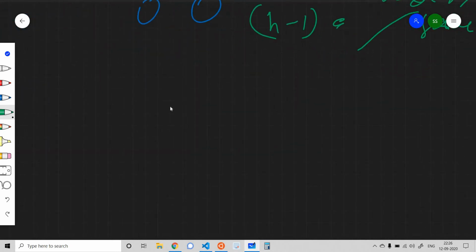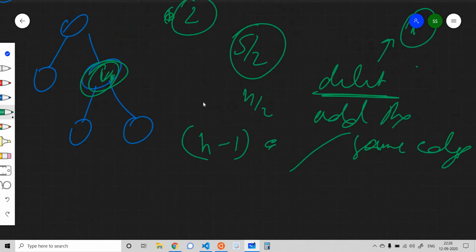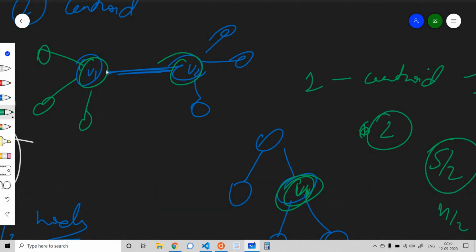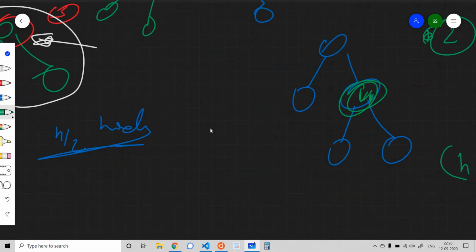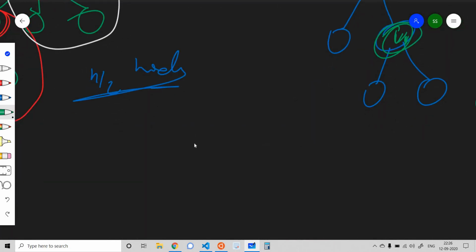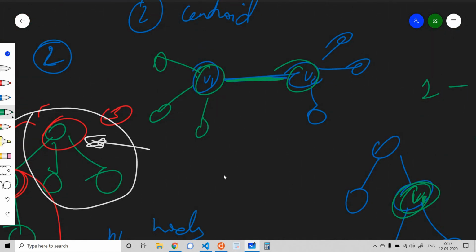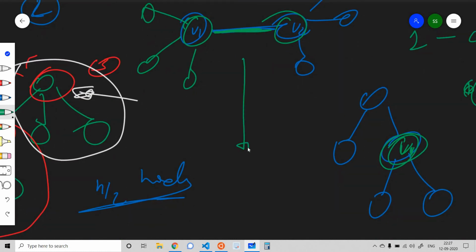And suppose if we are having two centroids, as I've said, in that case those centroids would be having a common edge. And yes, let's go to the intuition part, which is what I was talking about. During the contest I came up with this intuition. It might turn out to be wrong, so please let me know in the comment section if it is wrong.